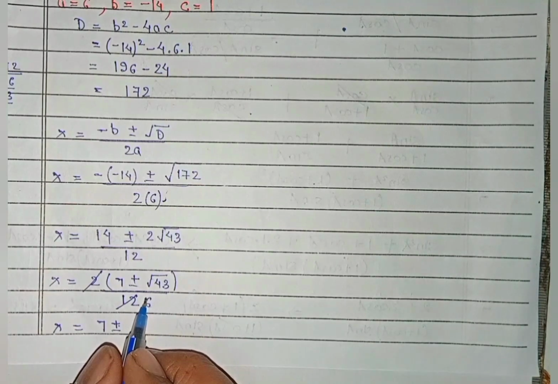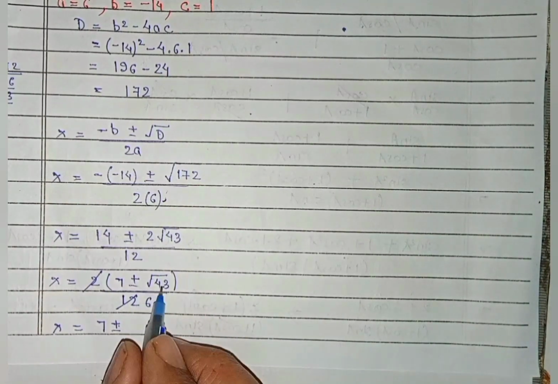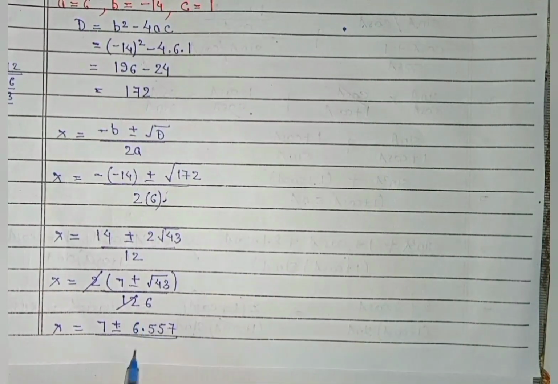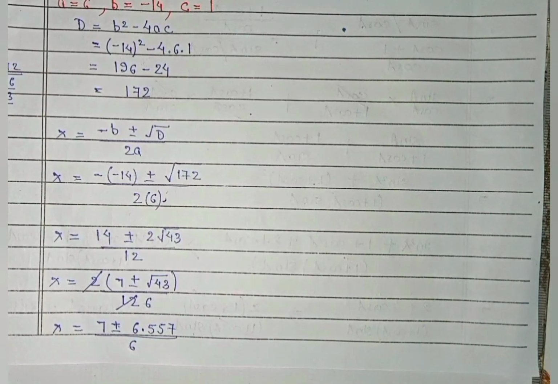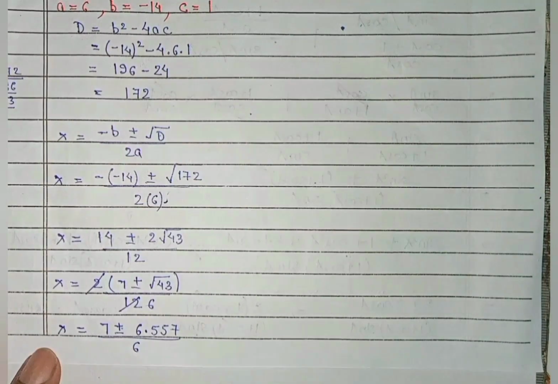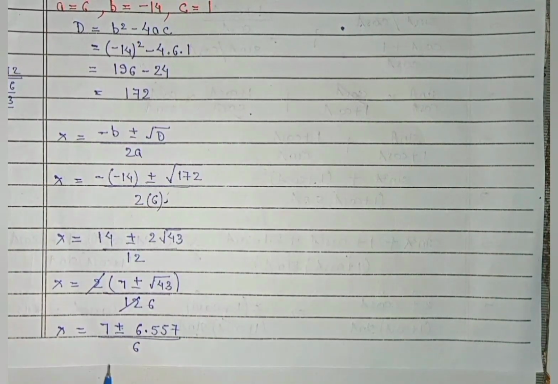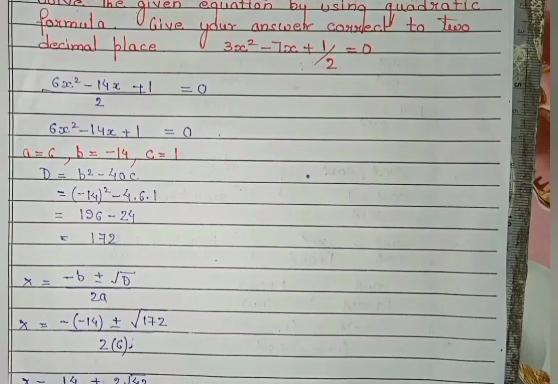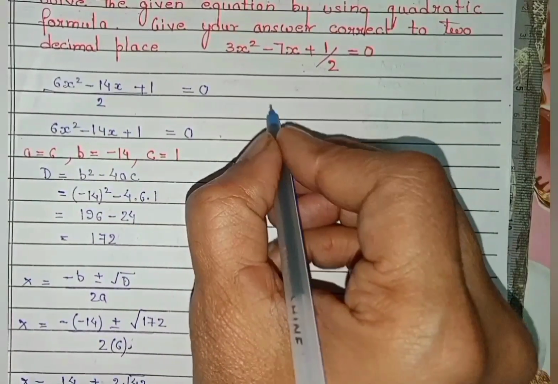So let's see what will be the square root of 43. Square root of 43 will be 6.557. Okay, now after solving up to this position, we have two cases. In first case, you will solve for x with 7 plus 6.55, and in the second case 7 minus this. So let's solve these two cases. Let's take the case 1.